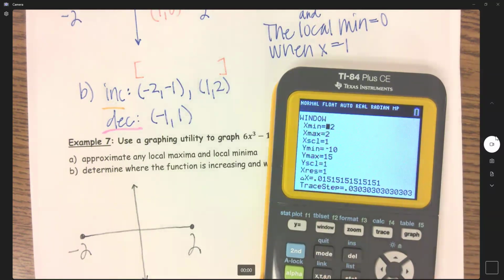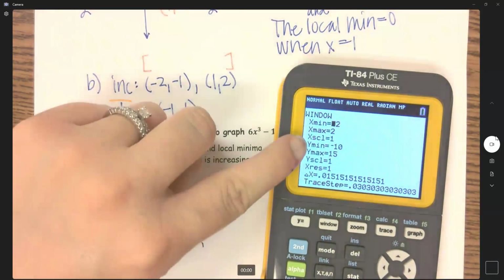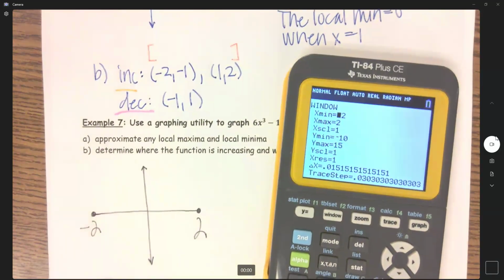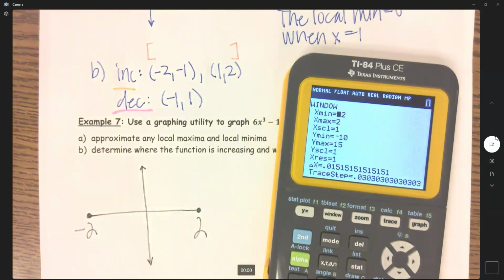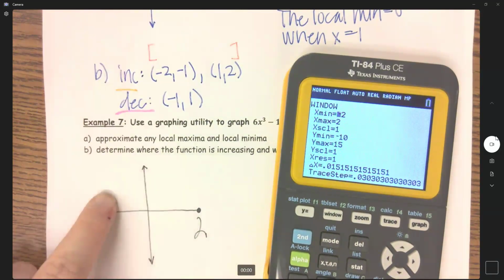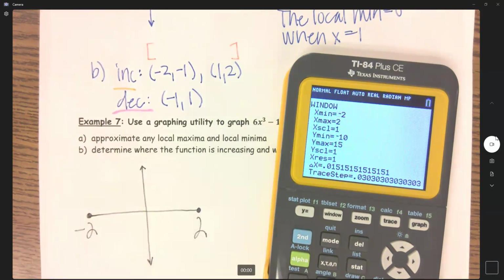So make your window, check mine. If you're too zoomed in, you're not going to get those min and max points. If we just use that zoom 0, that would have been fine. That graph gave me everything I needed. But to zoom in a little bit more, I'm going to change that y min to -10 and that y max to 15. So pause the video and now see if you can roughly sketch your graph, find your max and min, and then that will help you with part B, where your function's increasing and decreasing.